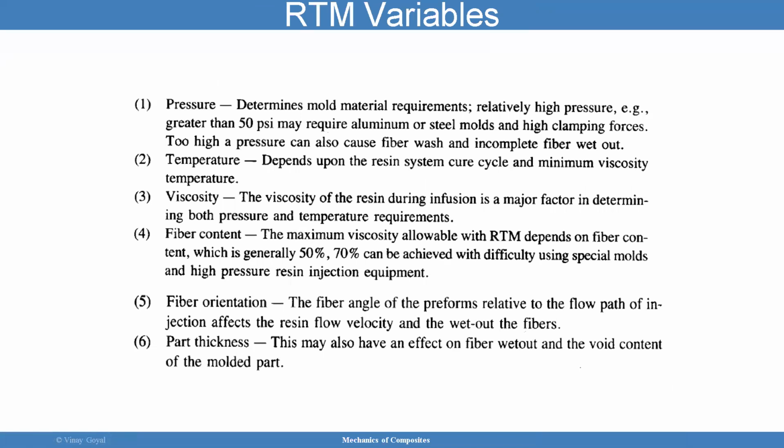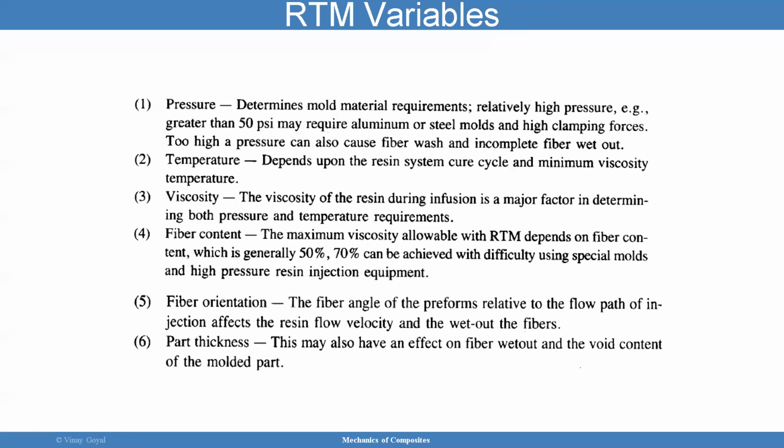Temperature depends upon the resin system cure cycle and minimum viscosity. The viscosity of the resin during infusion is a major component in determining both pressure and temperature requirements. Fiber content: the maximum viscosity allowable for RTM depends on the fiber content, which can be 50%, 70%, and so forth.